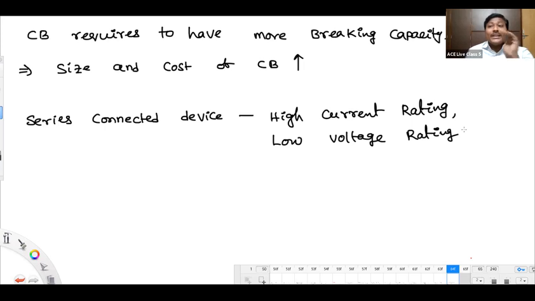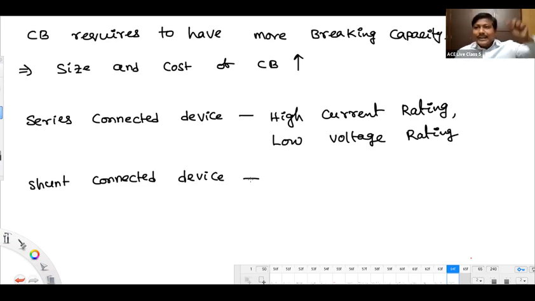Shunt connected device, I can say now. If it is a shunt device, we are keeping it in parallel with the system. It should have a high voltage rating, definitely.